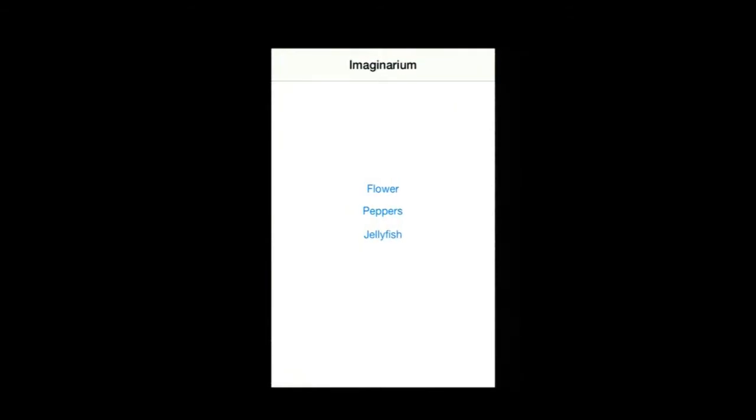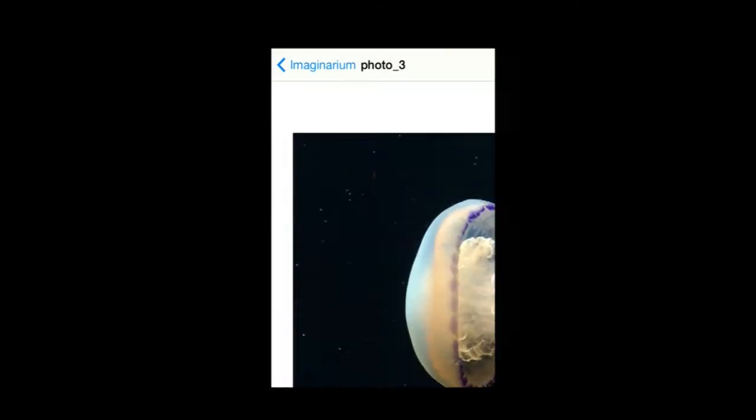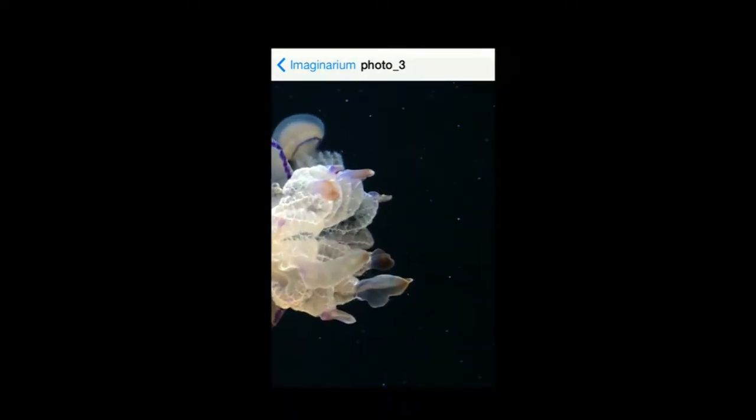Flower, nah, I don't want flower, I want peppers. Nah, I want jellyfish. And so the UI is staying completely responsive, even though I'm downloading these things multiple times, actually, in the background unnecessarily. But this is the way you want your UI to be: very responsive, with things happening the instant the user wants them.